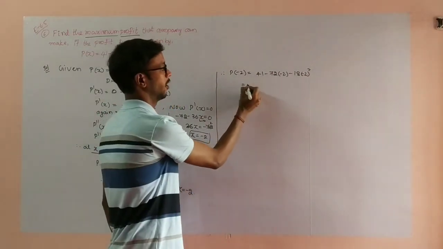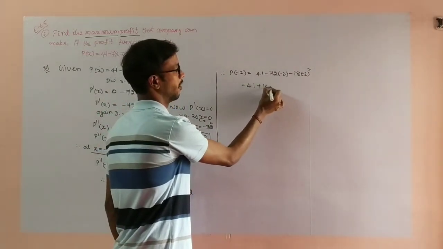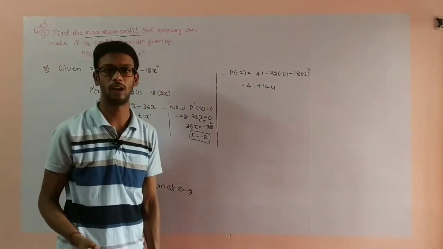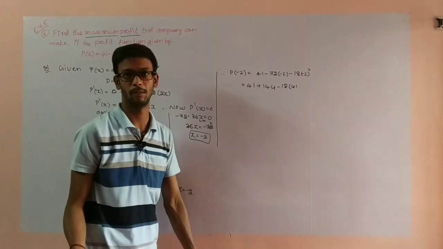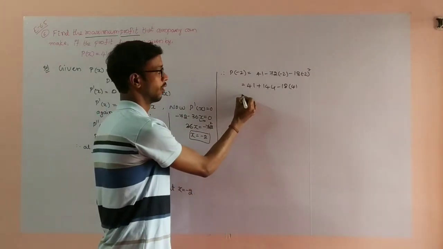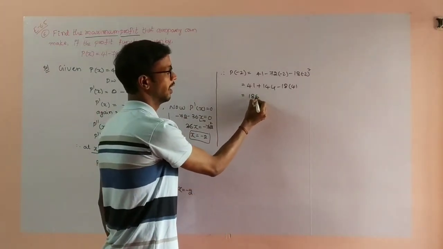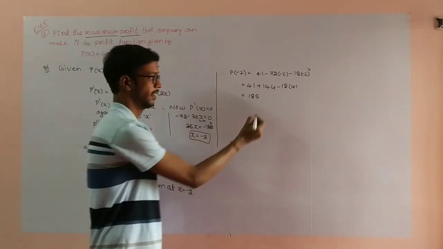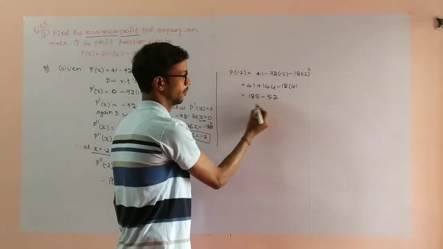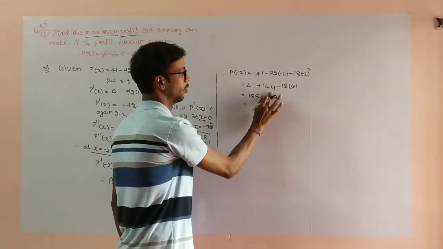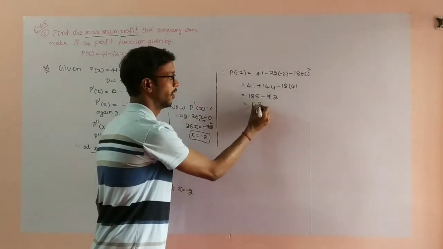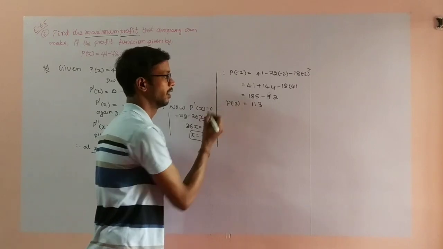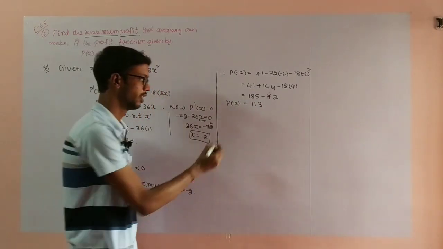What is the value here? 41 plus 144, minus 18 into 4, minus 72. 185 minus 72, so if you subtract, P of minus 2 value is 113.